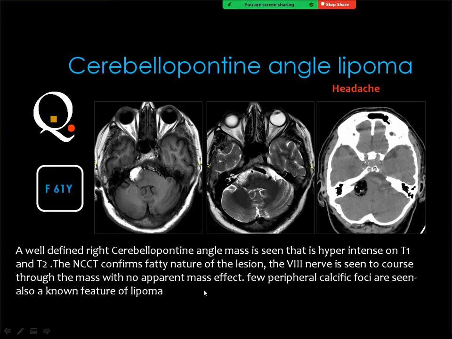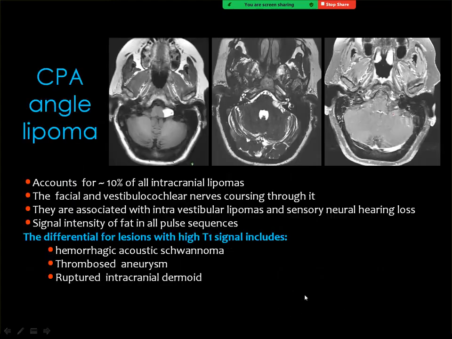Although it is a benign lesion and anyone can think that this can be easily removed, actually the surgical intervention of such a lesion carries very high risk of vascular and nerve injuries.